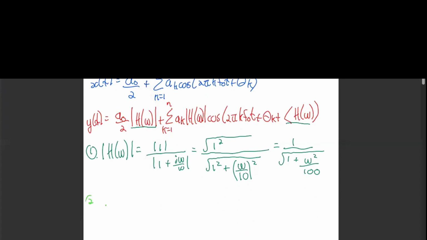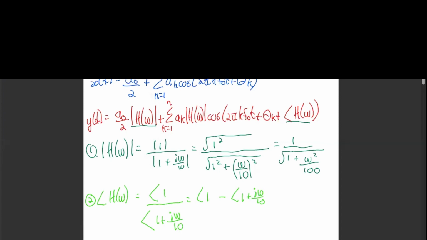But the second thing we need is the phase response of the filter. So the phase will be the argument at the top divided by the argument of the denominator, right? And by the rules, it will be the argument at the top subtract the argument of the denominator, right?